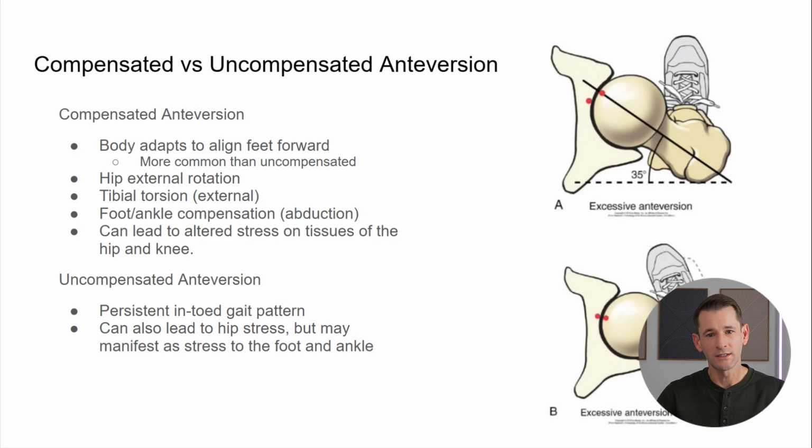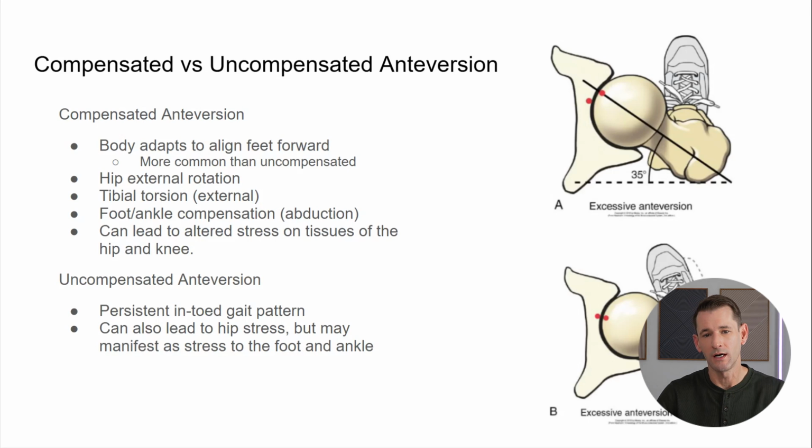But in the joint itself, that hip's going to be sitting in external rotation because that compensation occurs at the hip. The other thing that could happen is the tibia bone itself can rotate externally to compensate for that anteversion. So their hip joint will be in neutral, but the tibia is going to rotate laterally or externally to face those feet forward.